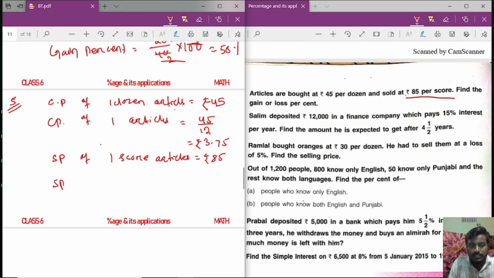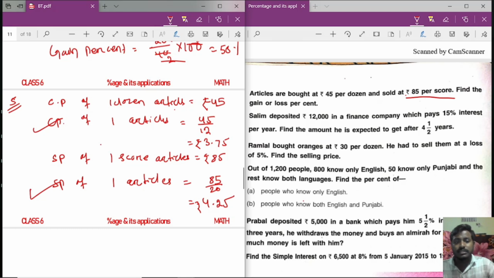Now we find SP of one article equal to how much? Now 85 divided by 20, that is 4.25 rupees. Clear? Now check from this and this, profit or loss. Obviously profit because SP is more than the CP.